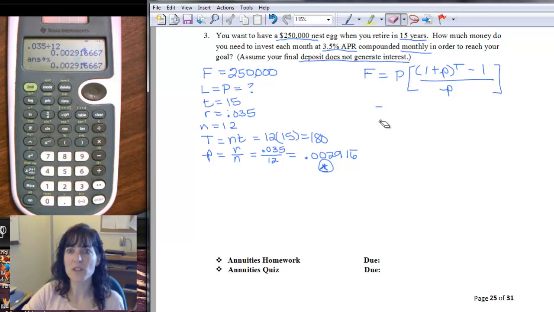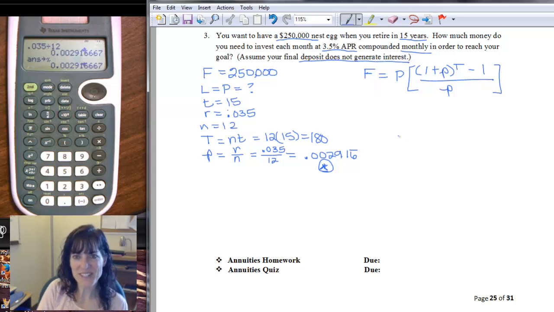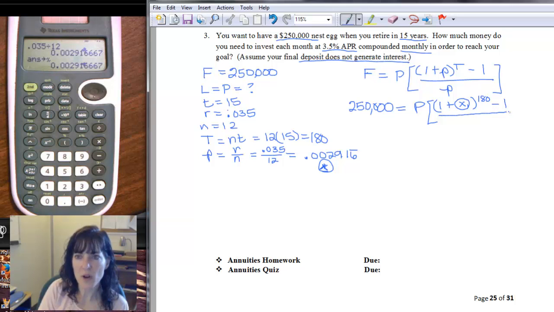We're going to have to work this one just slightly differently, so it'll be good practice for us. 250,000 equals big P times the quantity 1 plus, and it's what I stored in my X bin for the little p, raised to the big T, which was 180 minus 1 over little p, which is what I stored in my X bin again.